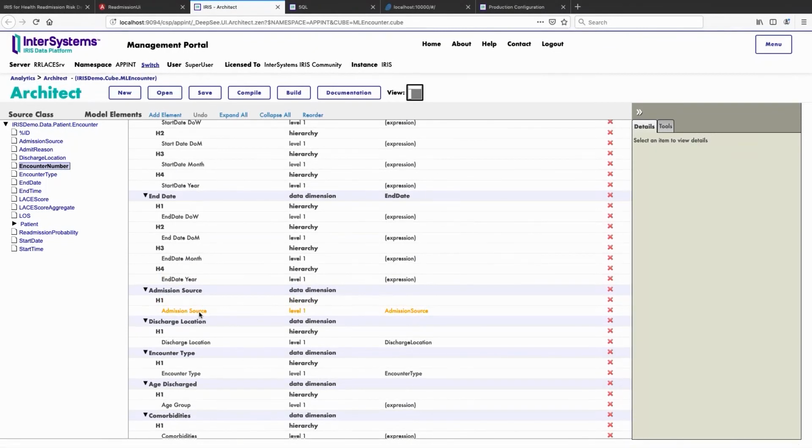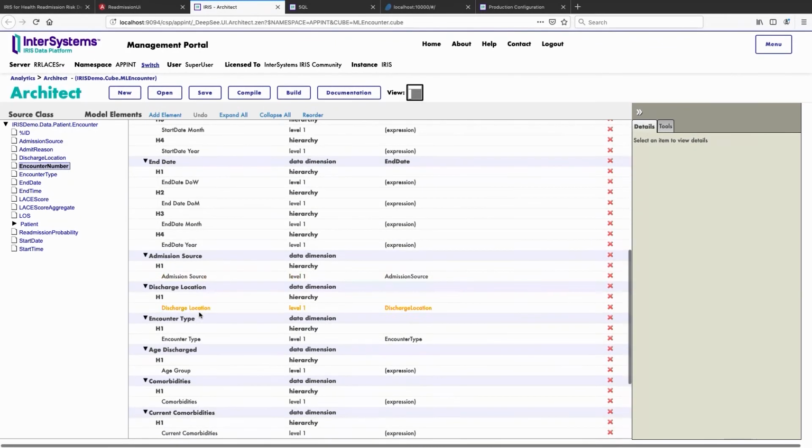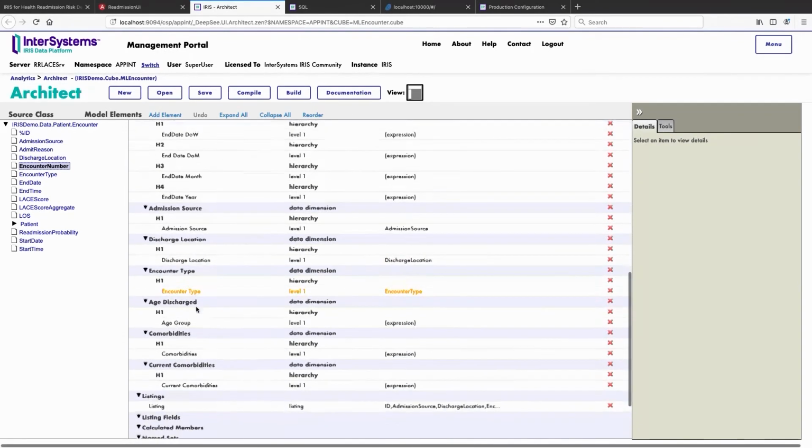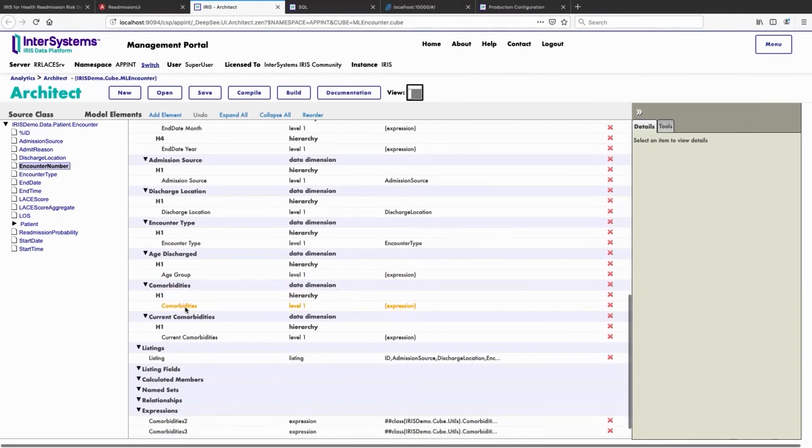Admission source: maybe you came from the emergency department, and that changes the model. Discharge location: where did I send you? Maybe I sent you home, maybe to a nursing home, and it has an impact on this problem. Encounter type, age group, comorbidities.